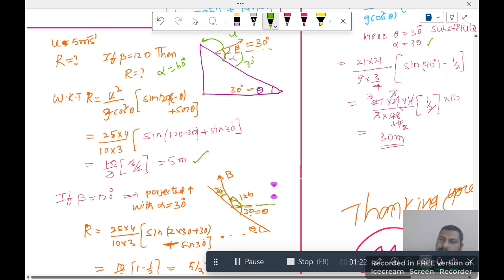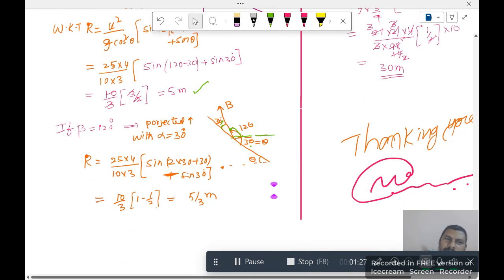So alpha will become 30 now. Substitute alpha equal to 30 in the range formula: u square by g cos square theta, where theta is the angle of inclination, into sine of 2 alpha plus theta. 2 alpha is 60, plus 30 is 90, sine 90 is 1, minus 1 by 2, gives 1 by 2. Therefore 5 by 3 meters.